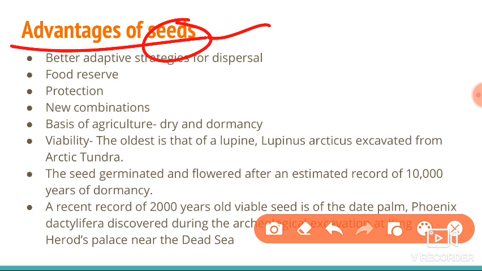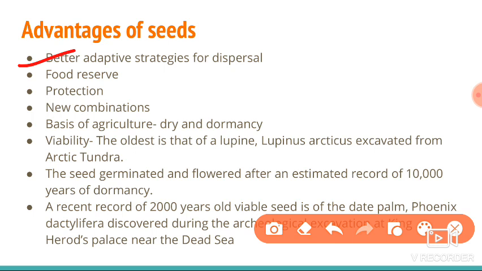So many examples we can see here, so many importance of the seeds. Those advantages are better adaptive strategies for dispersal, food reserve, protection, new combinations, basis of agriculture, and viability. There are so many advantages, and you just have to remember them.